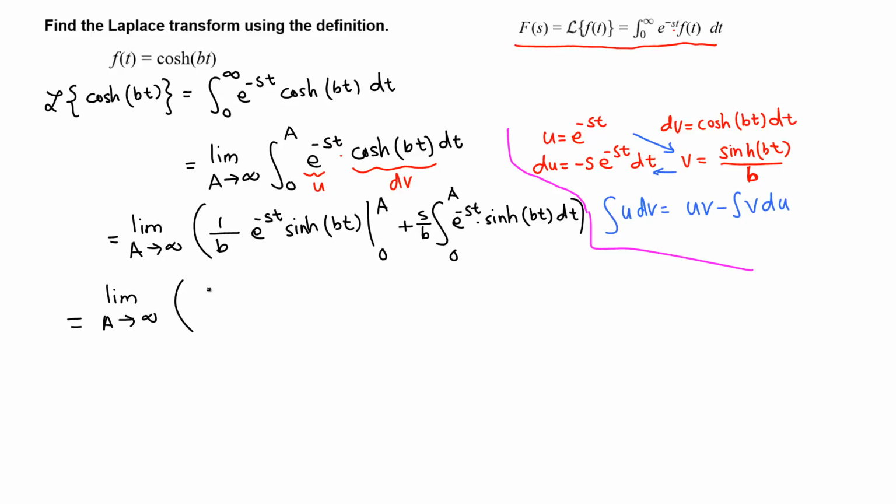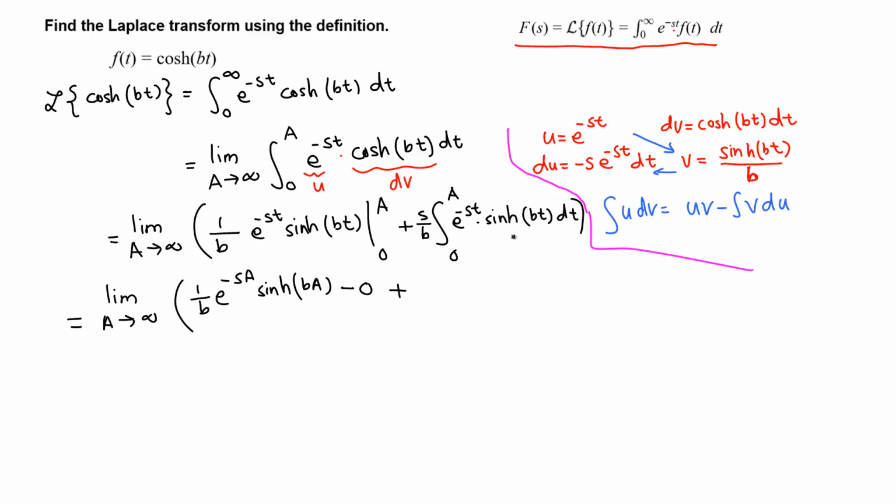Upper limit means replace t by a, so this is 1 over b e raised to negative sa sine hyperbolic ba, evaluating this function at the upper limit, minus evaluating at the lower limit, plugging in t equals 0. Sine hyperbolic 0 is 0, so everything will be 0. That's just for this part.